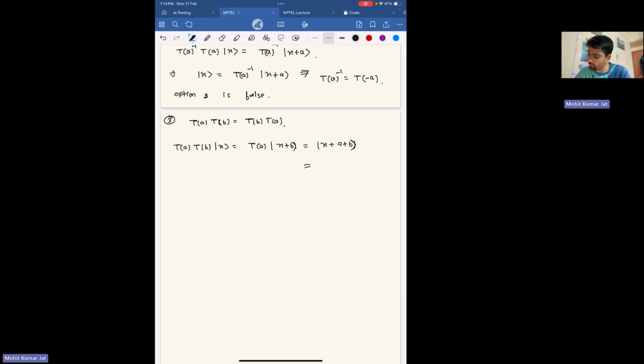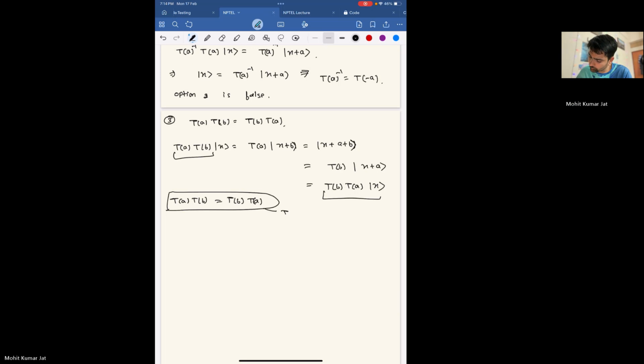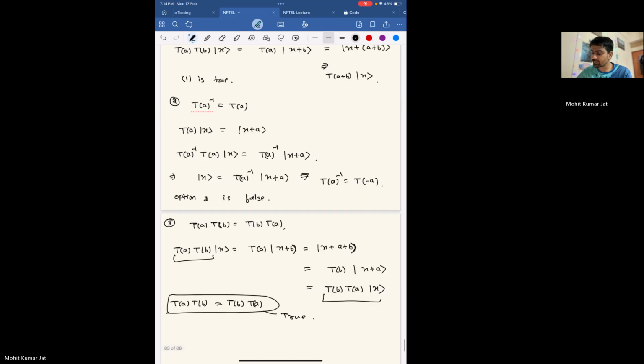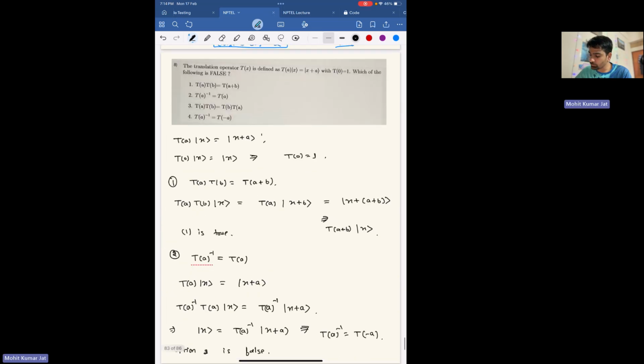But I can again write it as TB of x plus a, and then I can write it as TB TA x. So if you compare this part and this part, this gives you TA TB is equal to TB TA. So this is true.